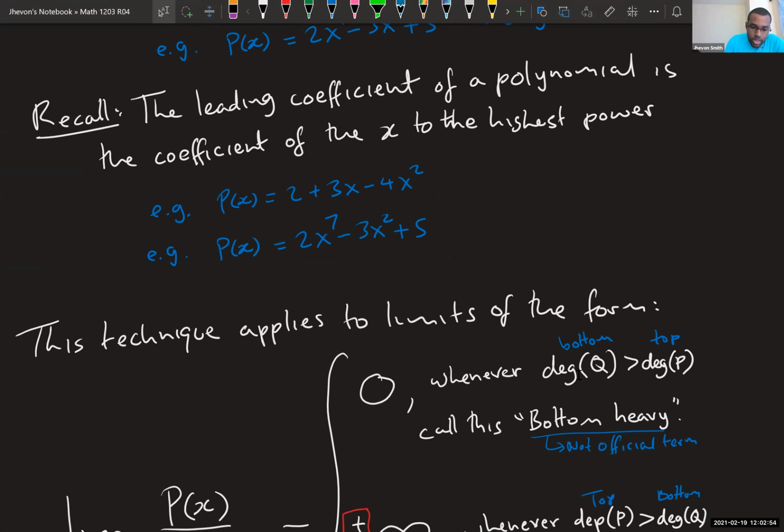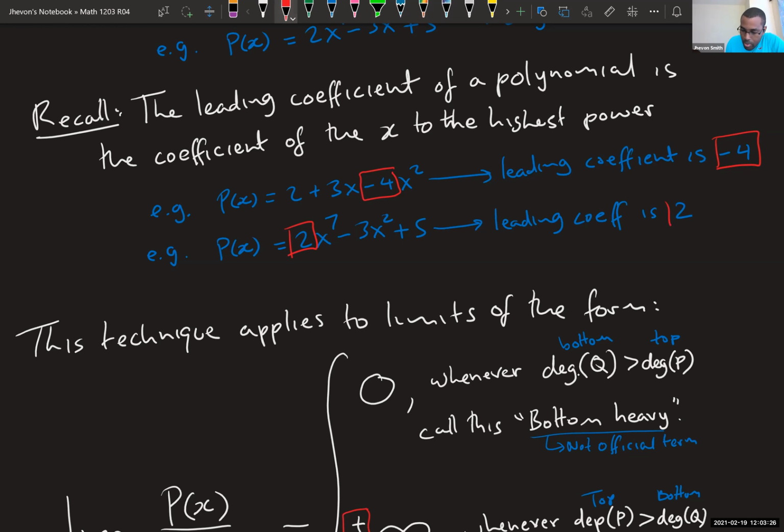What is the leading coefficient? Well, the leading coefficient is -4. He's the guy that is the coefficient of the guy with the highest power. This one has leading coefficient 2. That's the guy who's the coefficient of the guy with the highest power.